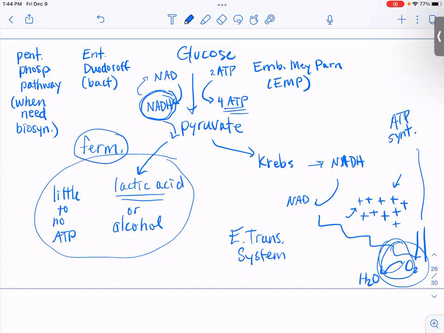Yes. Specifically, do you need to know specific final electron acceptors? A lot of times it's going to be oxygen or some inorganic ion. So I don't know, that's probably as specific as you would need to know. Now you're not trying to pin me down about what I'm going to ask and what I'm not.